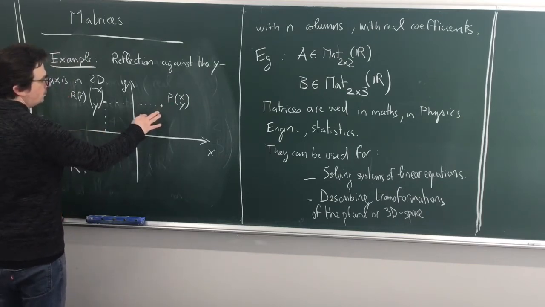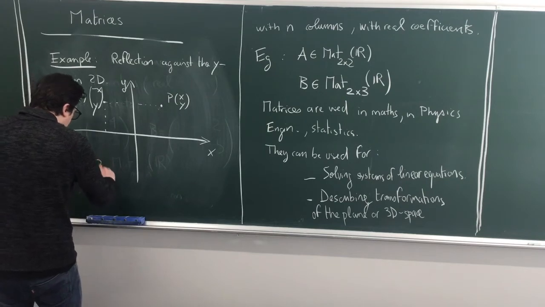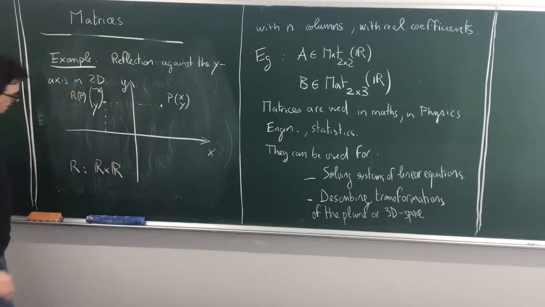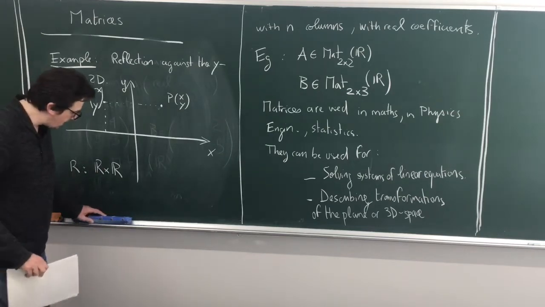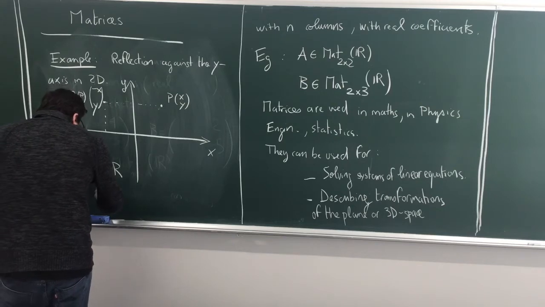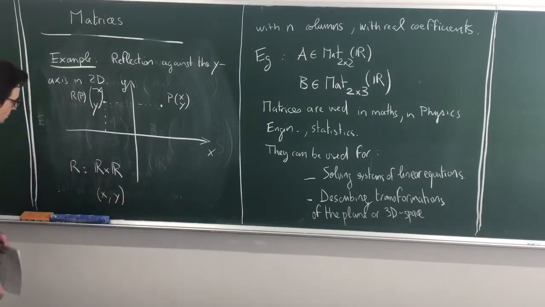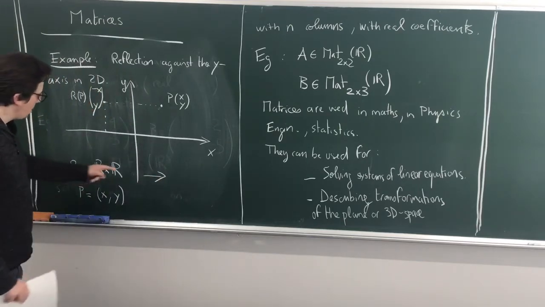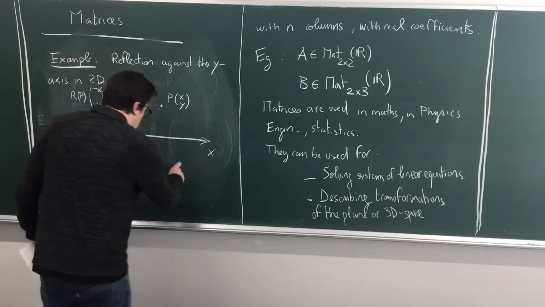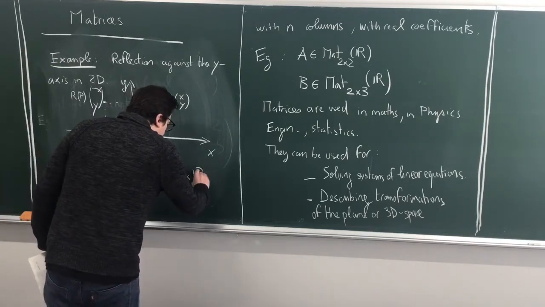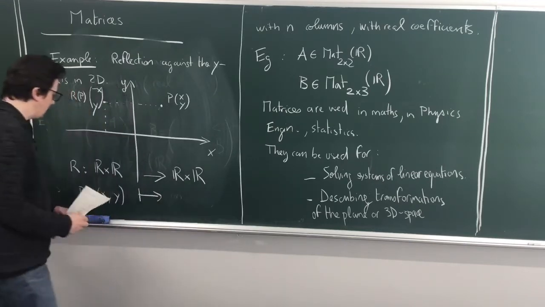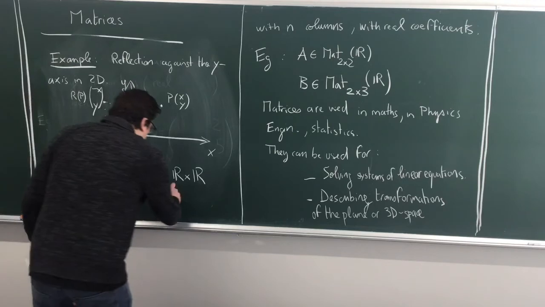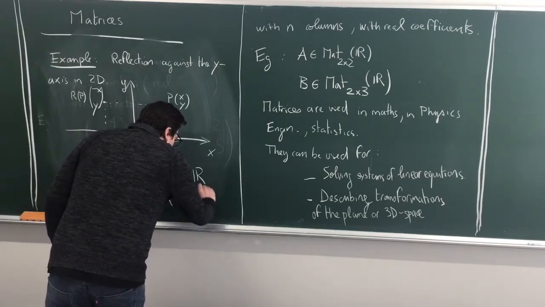The two-dimensional space, we can represent it by the set R times R, the set of pairs of real numbers, x and y, which I can see as the coordinates of my point P. Then this function will go again to the plane, so I will have again R times R here, and it sends the pair (x, y) to the pair (-x, y).